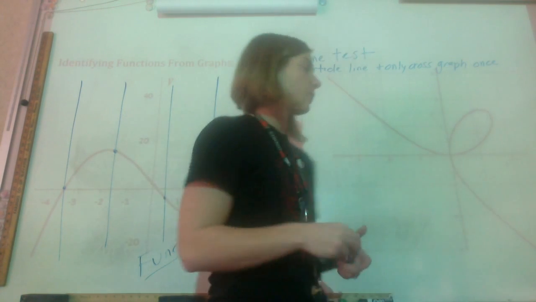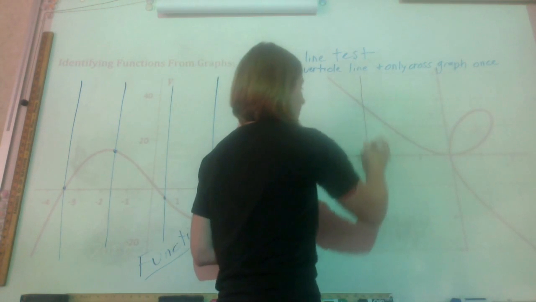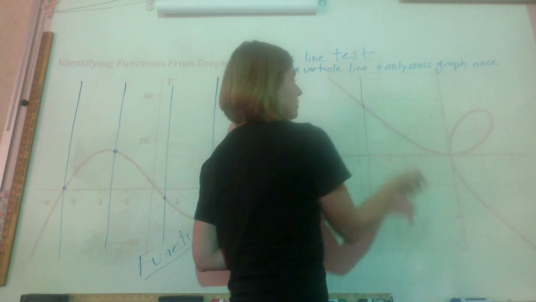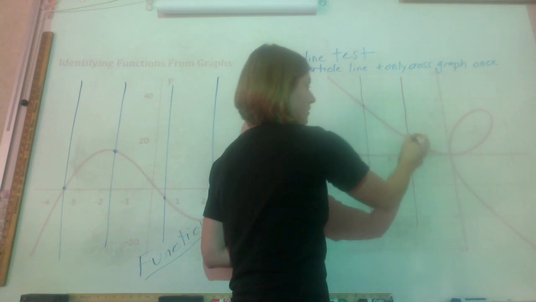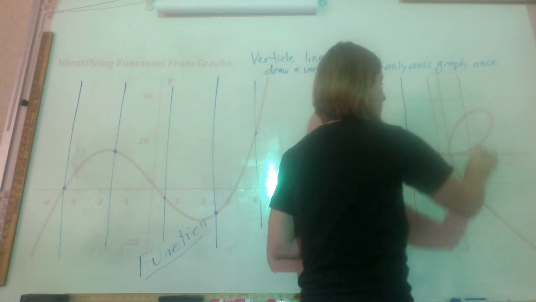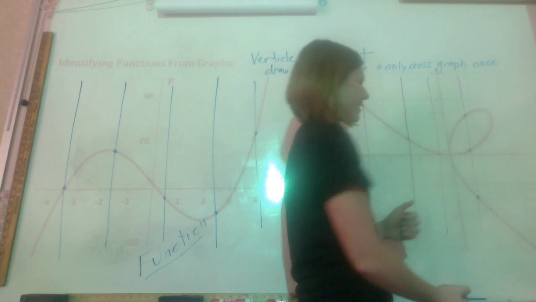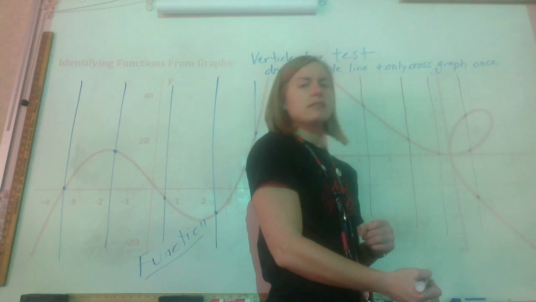Let's take a look at the next one. Let's try the vertical line test on this one. All right, that one looks okay. Only crosses once. Only crosses once. Only crosses once. Whoa, crosses 1, 2, 3 times? That doesn't work.